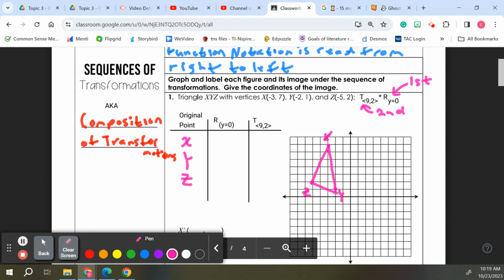All right, take out your foldables. This is where the rules are going to be really helpful. So they're asking for a reflection about y equals 0. So what is that? Is that across the y-axis or x-axis? What do you guys think? Looking at our foldables.